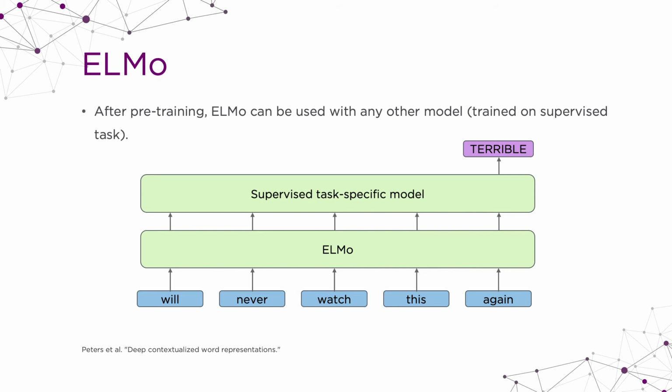So what we do is we pre-train Elmo, or we download Elmo pre-trained, and then we put Elmo between the input and the model that we want to use to solve our task. So Elmo goes in the middle, and it will create this contextualized view for the embeddings. And then I can just use the same model I wanted to use before to solve my task.